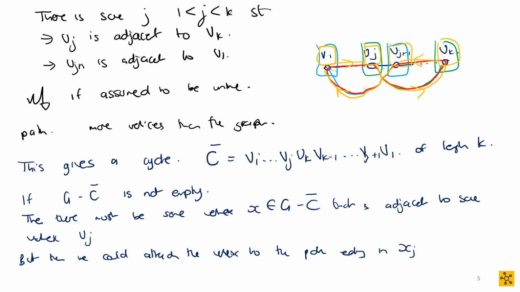In other words, we rename our path so that it sits at the end, and then we can do what I described earlier: if it's adjacent, you can add to it, and that creates a longer path containing more than the k vertices, which is again a contradiction to everything that we've done.